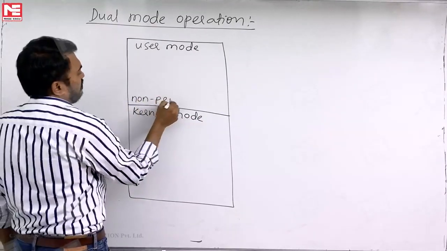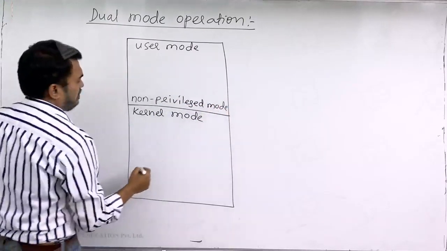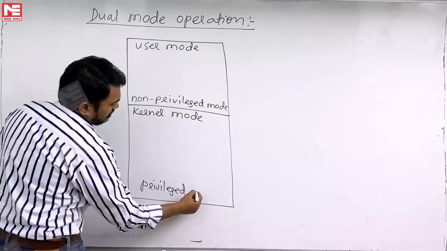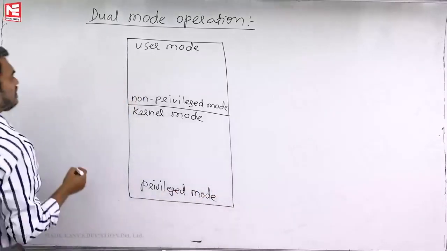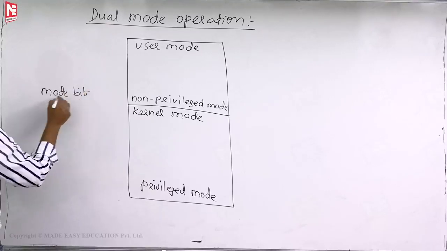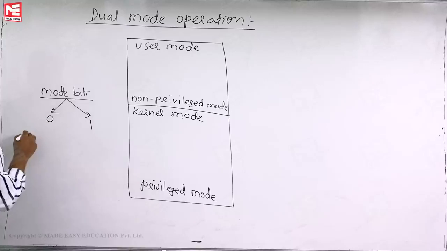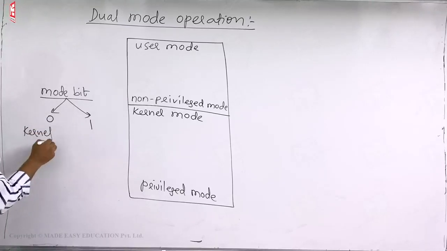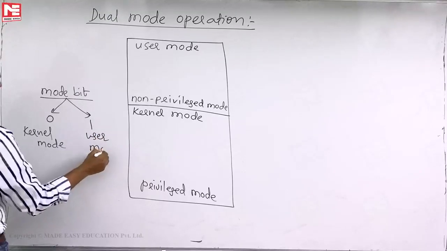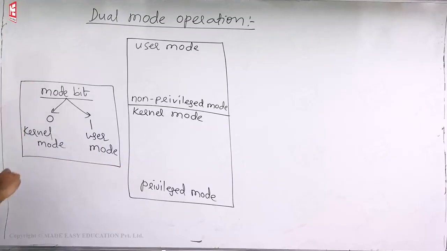This is a non-privileged mode. This is a privileged mode. Just copy this also. You have a mode bit, 0 or 1. If it is 0, that is kernel mode. If it is 1, that is user mode. So please copy this also.